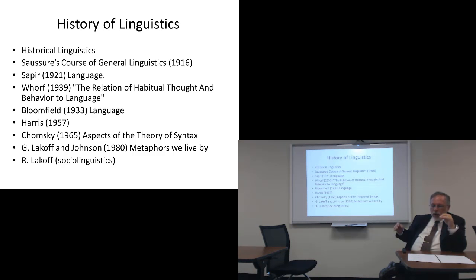And then you have American structuralism, that's Bloomfield, Harris, and Bloomfield and Harris are the intellectual fathers of Noam Chomsky, who then is the father of generative transformational linguistics, which from the 60s to the 1990s, 2000, was the dominant paradigm in linguistics. And then other paradigms appeared, and we'll talk about that a little bit.